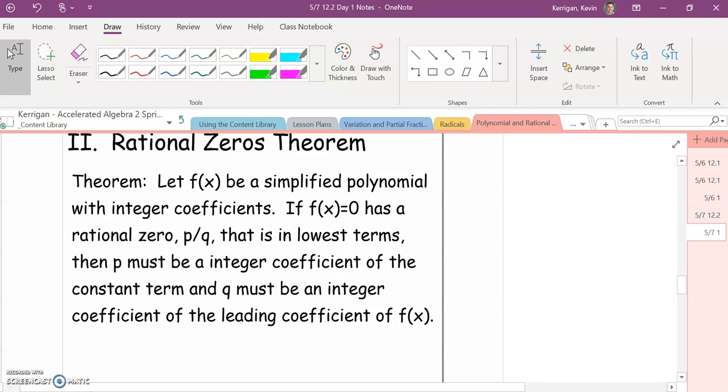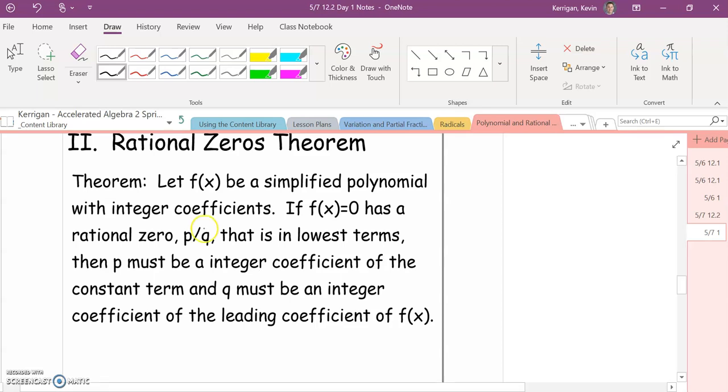If f of x equals 0 has a rational zero, p over q, (now remember, a rational number is just any number that can be written as a fraction, p over q, where p and q are both integers) that is in lowest terms, then p must be an integer factor of the constant term, and q must be an integer factor of the leading coefficient of f of x.